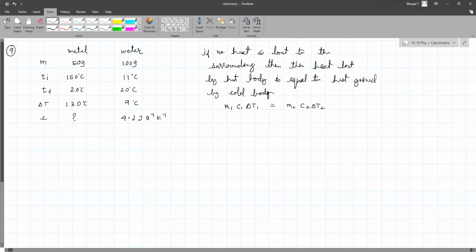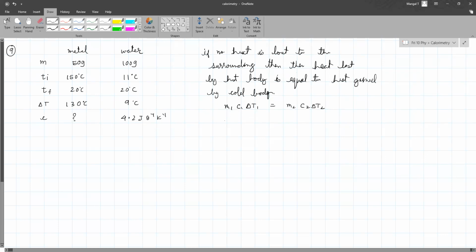Fine. Yes, sir, but I didn't understand. So 150 minus 20 does not equal to 11 plus 20. That's the change in temperature, and here we are talking about heat. You get it? Okay, heat loss is not temperature loss. Heat is this much, not just temperature. Do you follow that?